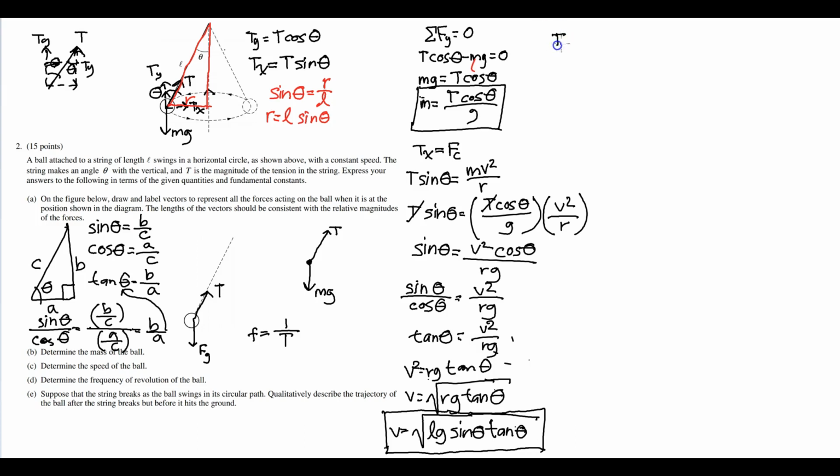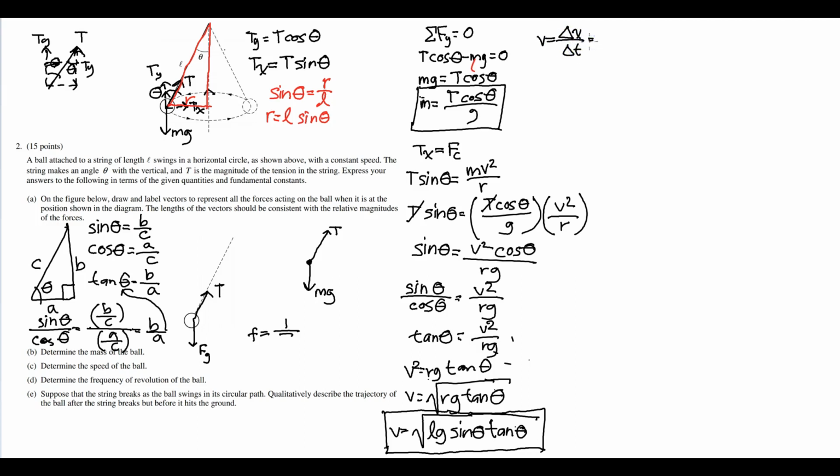So period, well, there is an efficient way to find period. Sorry about that. So there is an efficient way, and that involves finding the distance traveled in 1 cycle divided by t, right? So the way you can find the period is use the general definition of velocity, delta x over delta t. What's delta x in 1 period?